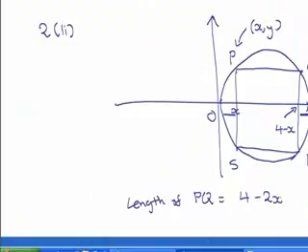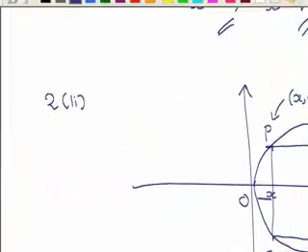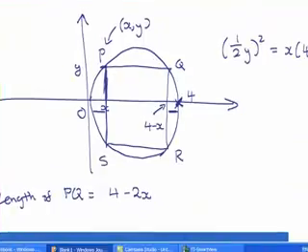Then next, if this point is defined as y, this whole length as y, by symmetry this whole length will be just 2y.